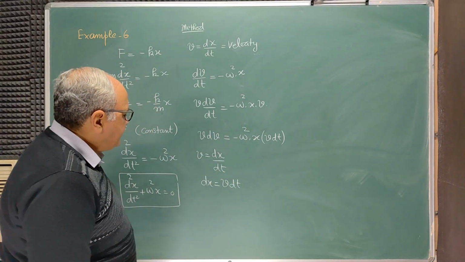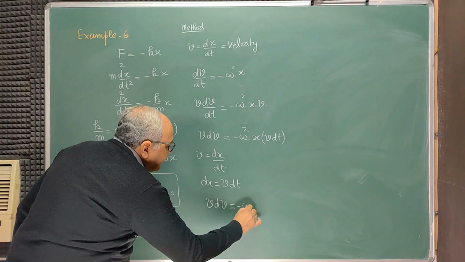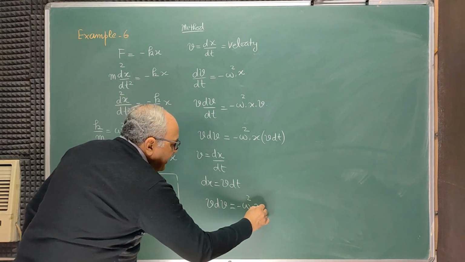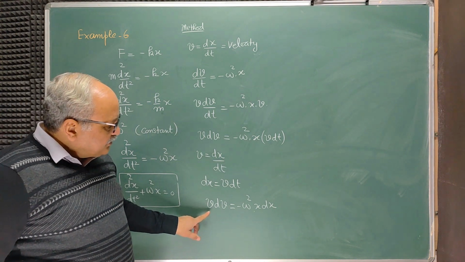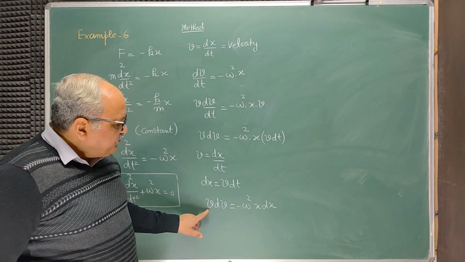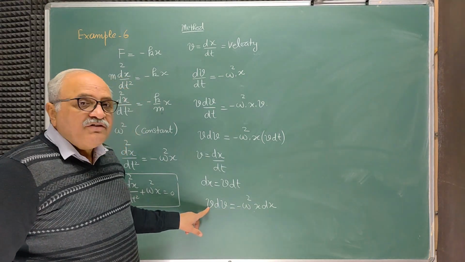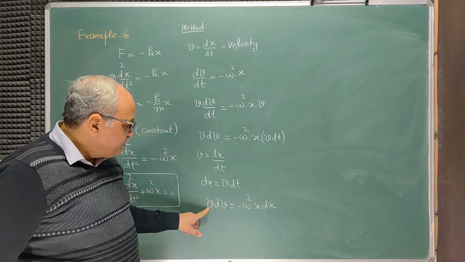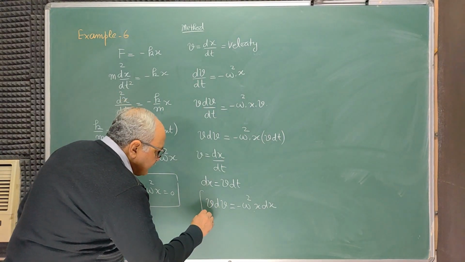Replacing it here, I get an equation in velocity: v dv equals minus omega square x dx. Look at this equation. Now I have two variables, v and x. I can say x is the independent variable and v, the velocity, is the dependent variable. Let's go for its integration.